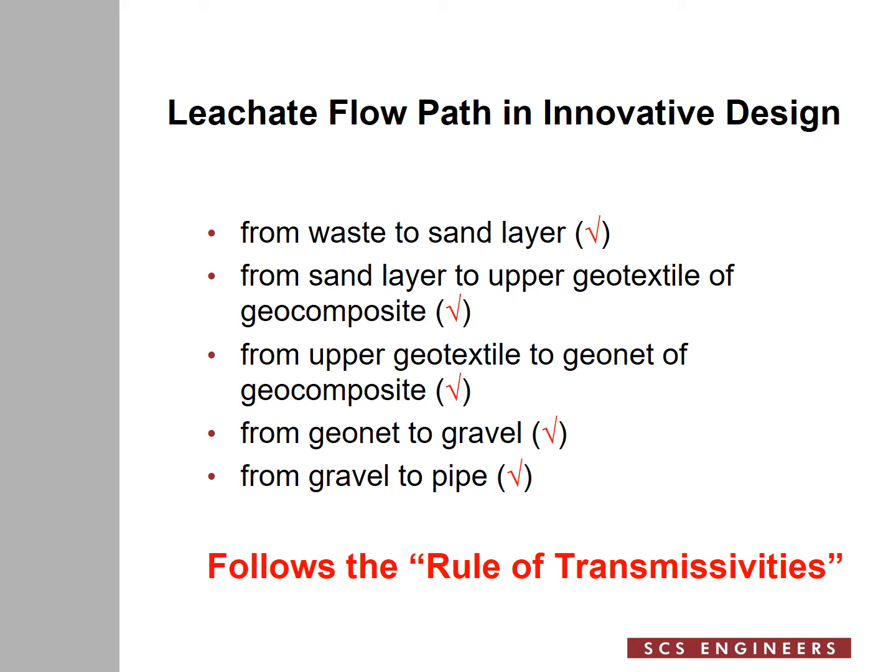So the whole flow path presented here in the innovative design follows the rule of transmissivities, and the potential for bottleneck in the flow path gets eliminated, and the potential for clogging gets eliminated just because we eliminated the geotextile that could cause the clogging problem.